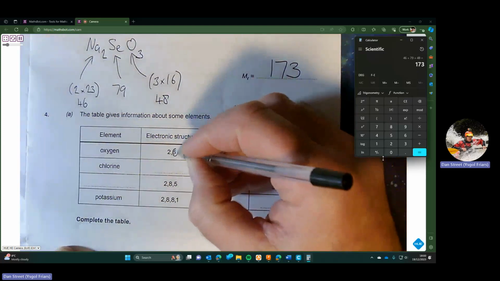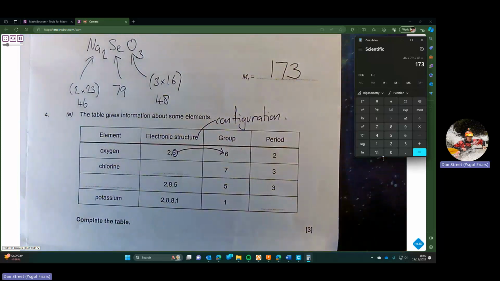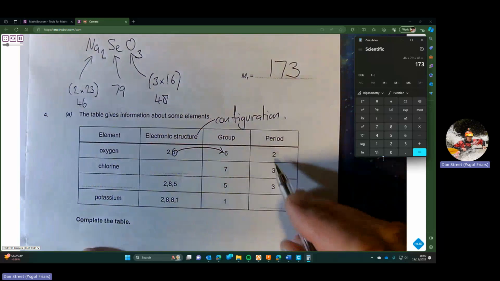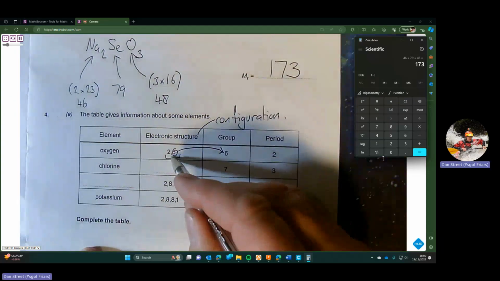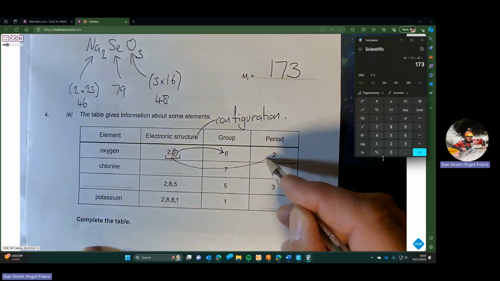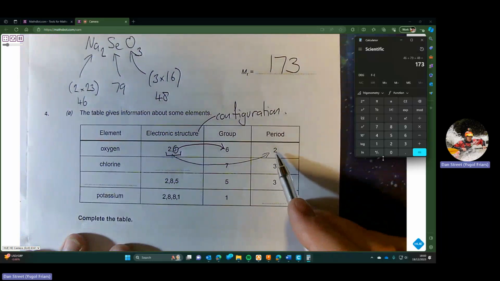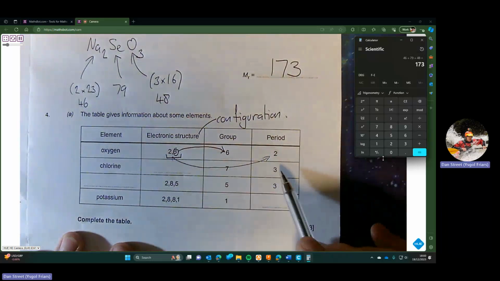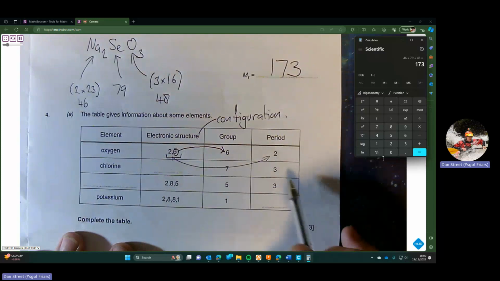That's because the last number is the number of electrons in the outer shell, and that tells us the group number. And period 2, because there are 2 numbers in the configuration, and therefore 2 shells are in use, and that's period 2. So using that information, we might be able to work backwards and work out the configuration of chlorine.